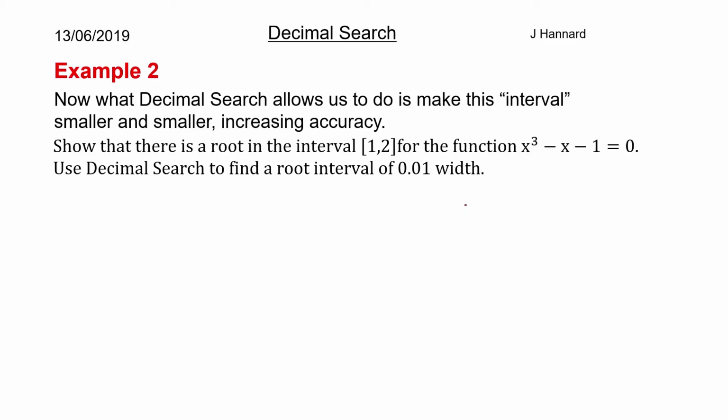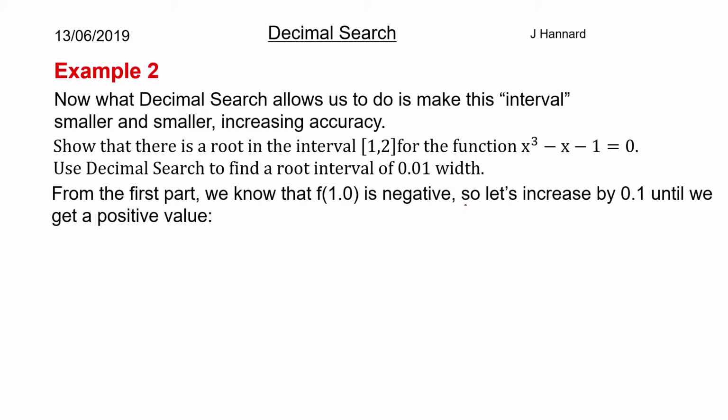So last time we did interval bisection, we were halving the interval each time. This time we're looking for a much more precise width of 0.01. So from the first part, we know that f of 1.0, if you like, is negative. So let's increase by 0.1 until we get a positive value. So we start at f of 1.1, so we do 1.1 cubed minus 1.1 minus 1 is minus 0.8.